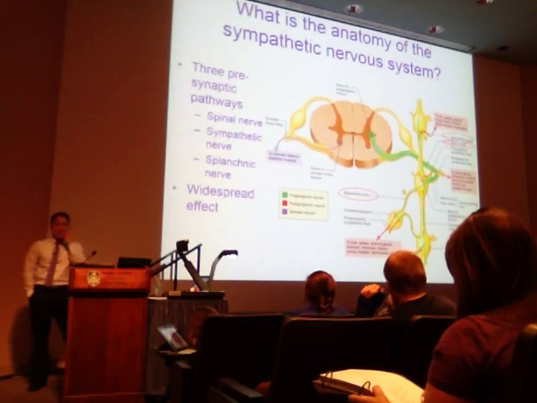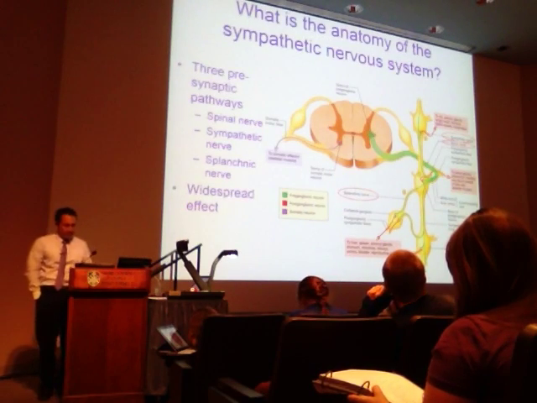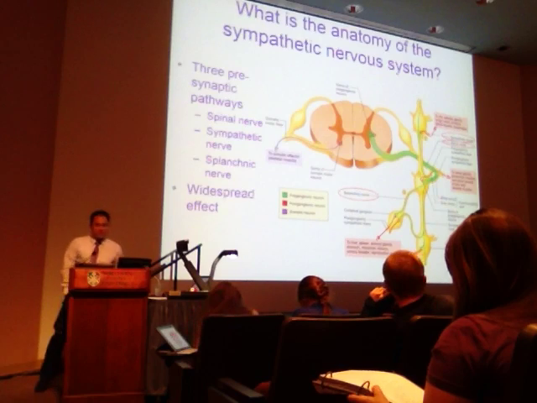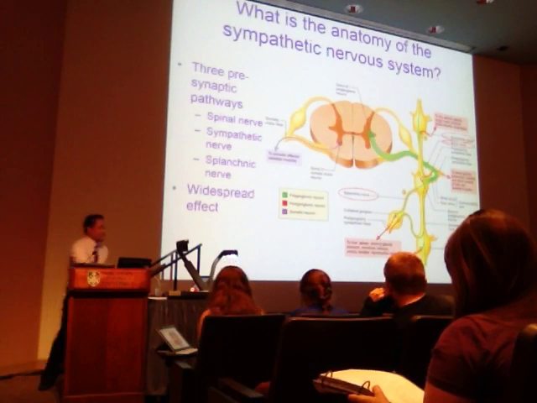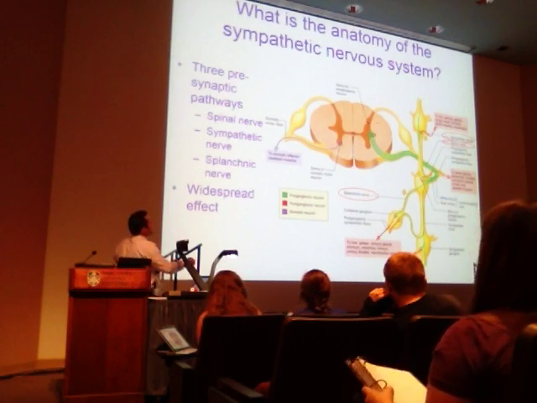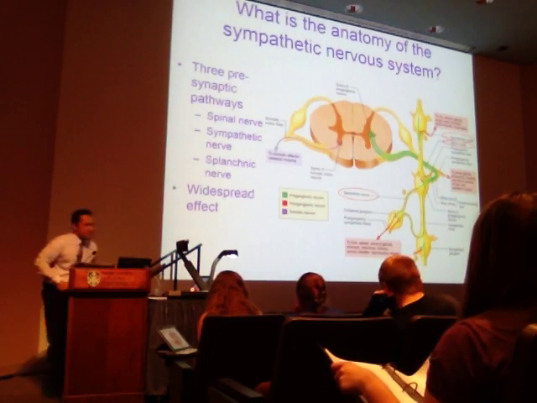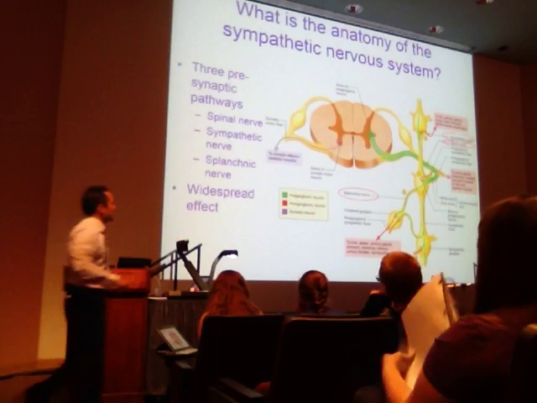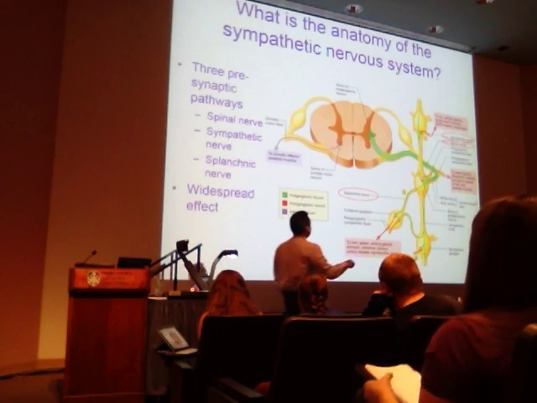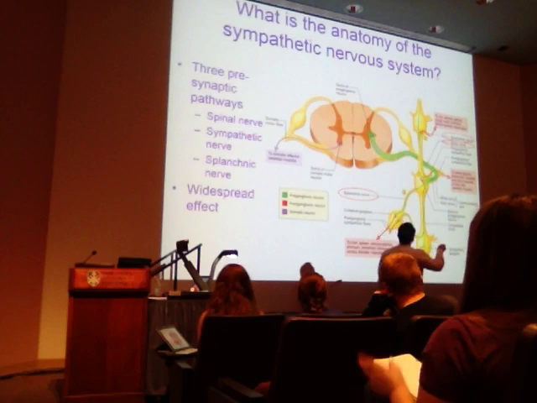Now, if we take a look at the organization or the anatomy of the sympathetic nervous system, we see that outside of the spinal cord cleft, you have this collection of cell bodies, right? You've got these ganglia. You see these little bulges that take place.